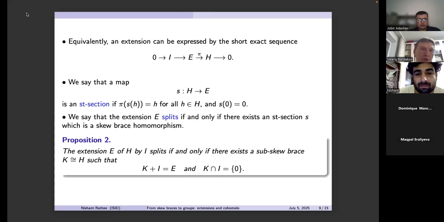I think you can start with this slide, because I remember the definition of extension. Okay.